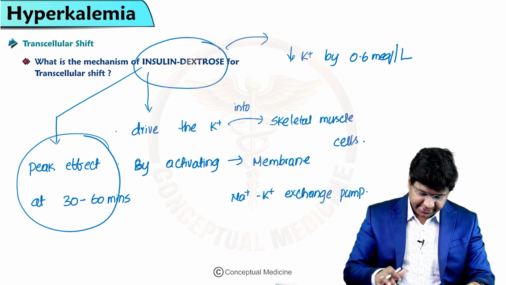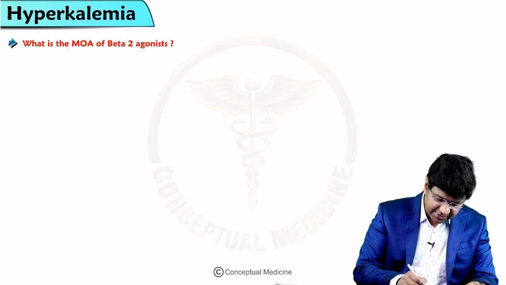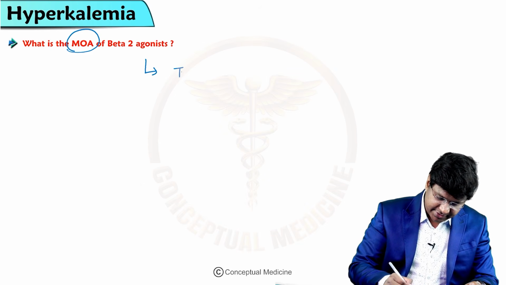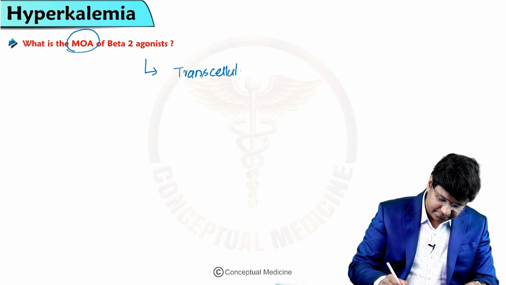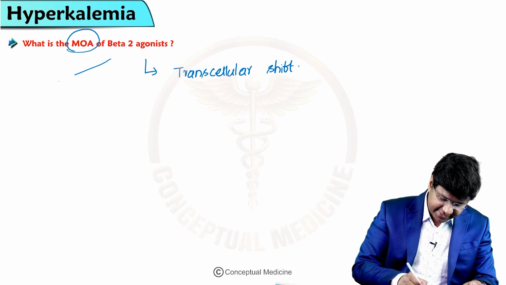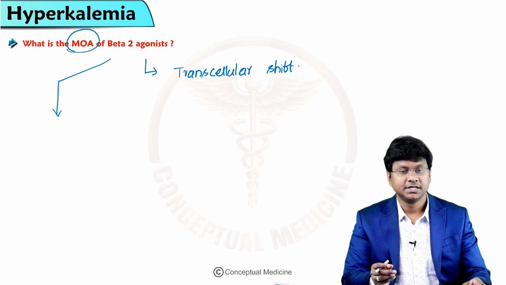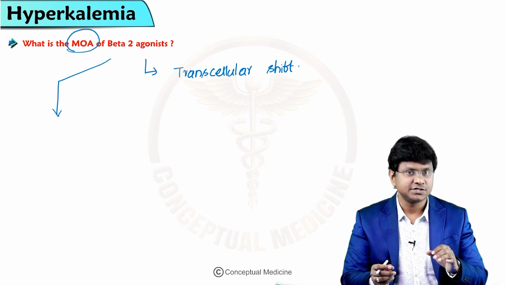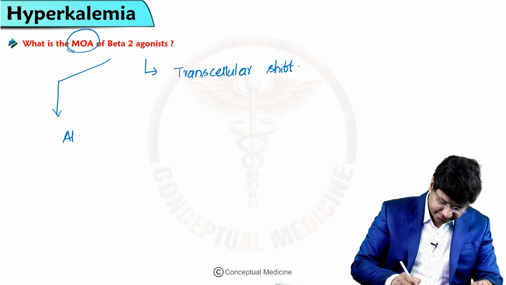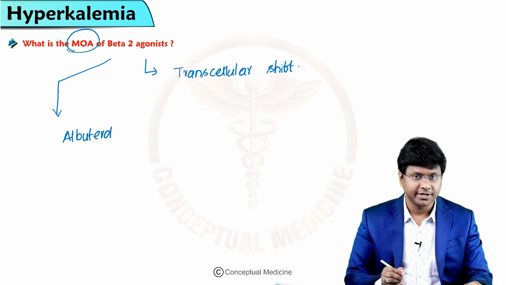Next, the other drug is the beta-2 agonist. Even this beta-2 agonist will cause the transcellular shift. Now, what will these beta-2 agonists do? The beta-2 agonist that you will give is albuterol.